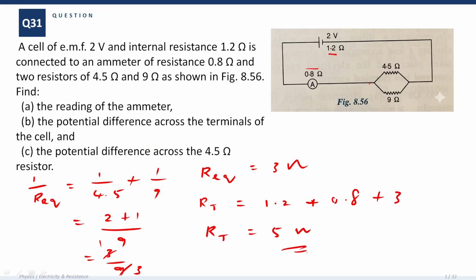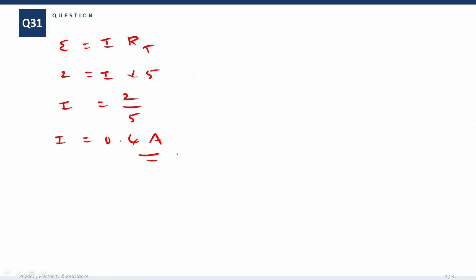The next one, the potential difference across the terminals of the cell. We need to find the terminal voltage. For a closed circuit, we have epsilon equals terminal voltage plus voltage drop. This is given as 2 equals V, capital V, plus current we found 0.4, multiplied by the internal resistance 1.2.